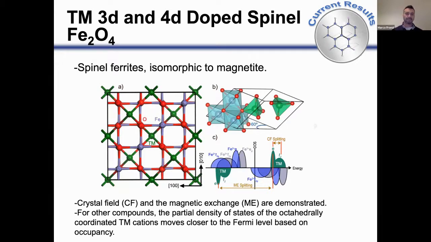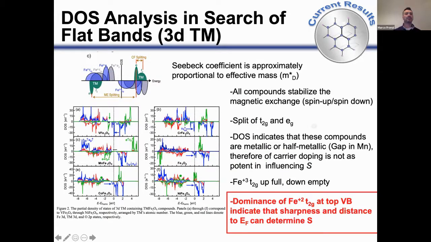Now, let's go straight to the analysis of the electronic structure of the 3D transition metal doped compounds. So we take the iron oxide spinel structure and we dope with 12 compounds, as I mentioned before. Sorry, 6 of them belong to the 3D, and 6 of them belong to the 4D.